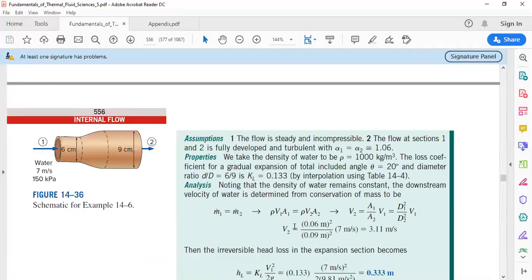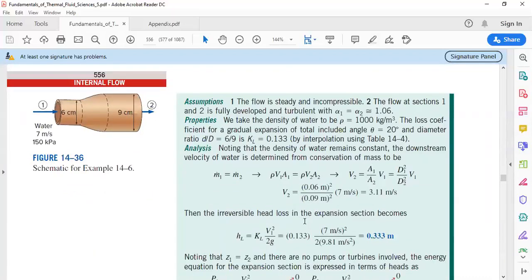So applying conservation of mass, we find the velocity at section 2. The head loss is here mainly minor losses because we don't have pipe length: K_L times the larger velocity, which is V1 squared divided by 2g.